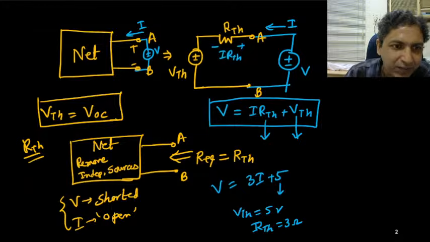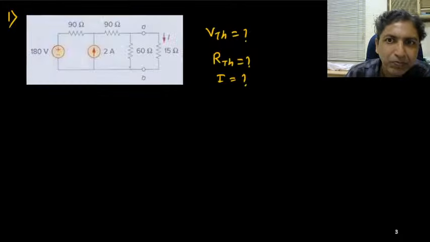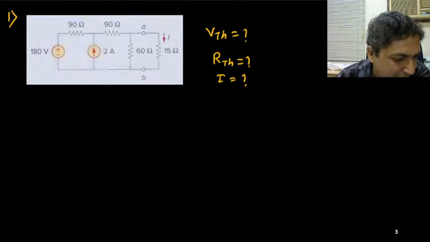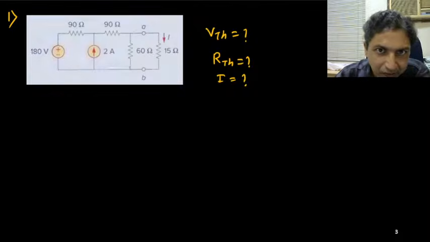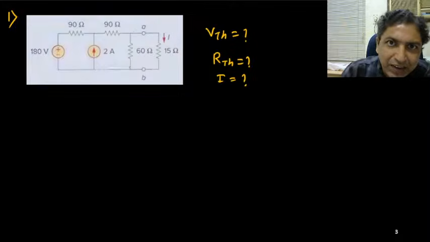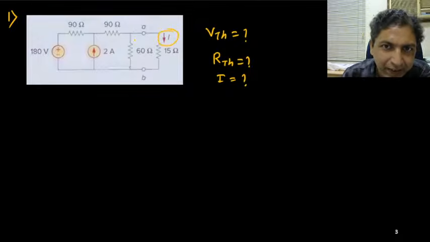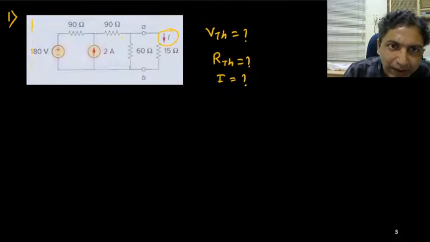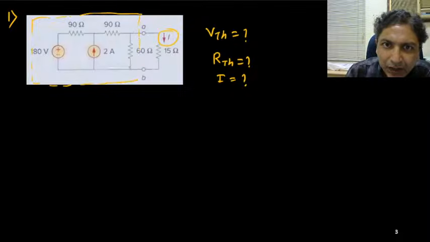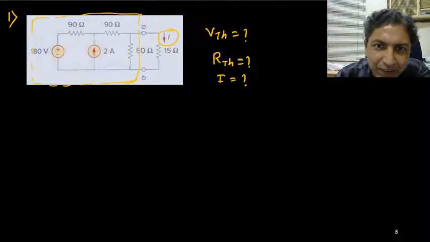The first problem is this one. In this circuit, you are asked to find the capital I. But first you can simplify the network about this A and B terminal.